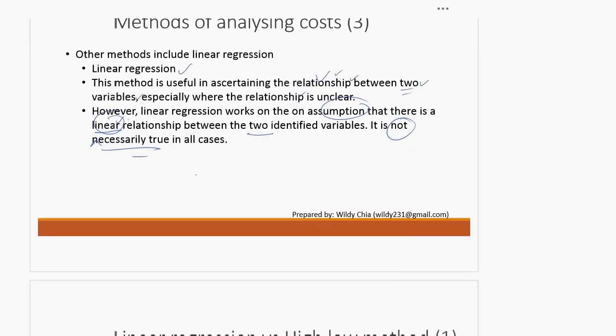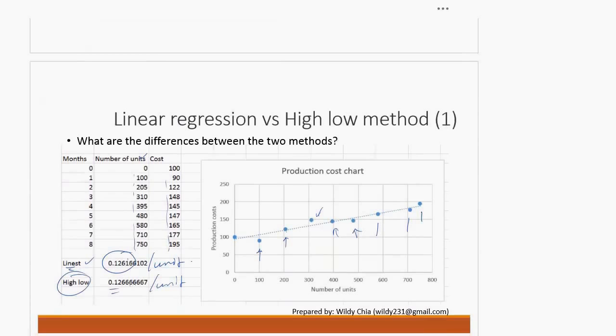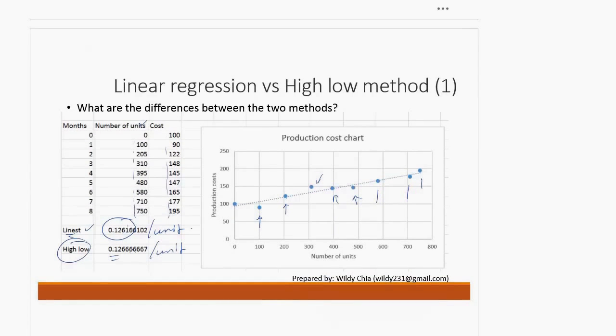So it really depends on the context. Like if you look at my example here, do you think that there is a linear relationship between cost and units of output? Of course there is, because you can see that the line of best fit is quite clear, a straight line, and then it seems to connect all the points.